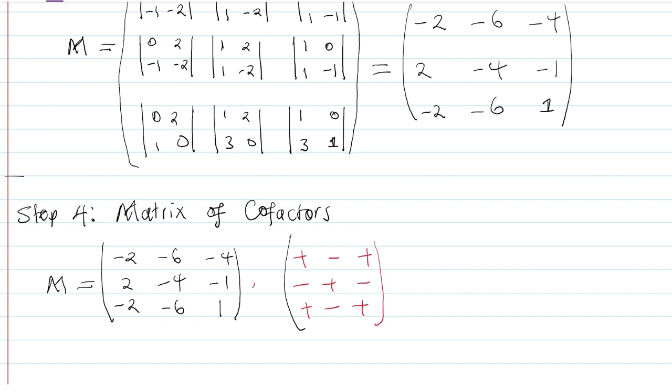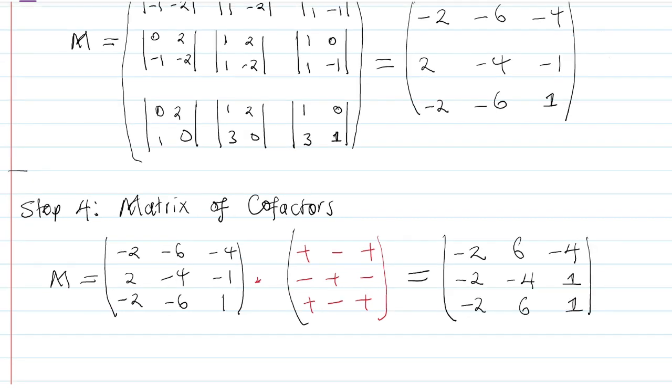So if we take the product, just switching the signs respectively, this is positive and the sign is positive, so you remain positive. This is negative and the sign is negative, so you have positive. And this is negative and the sign is positive, so you have negative, and the rest follows.